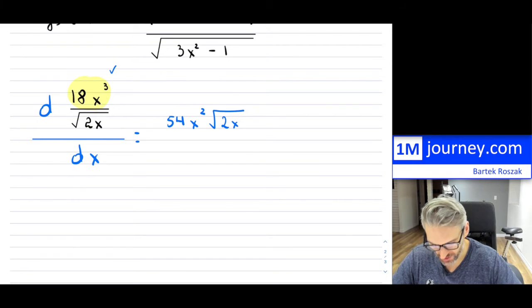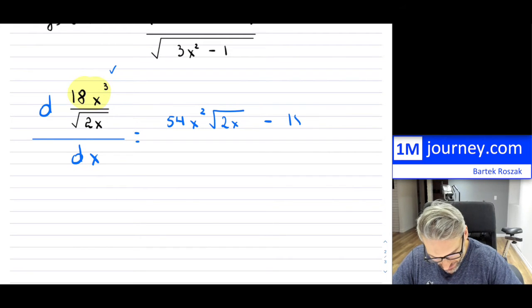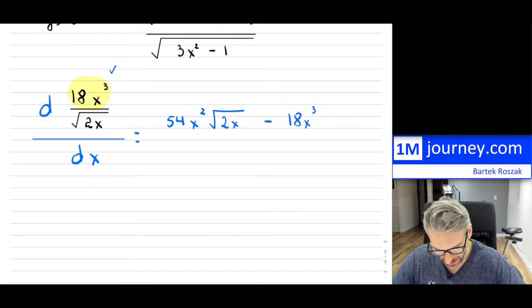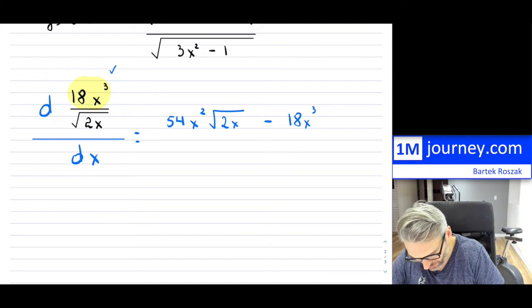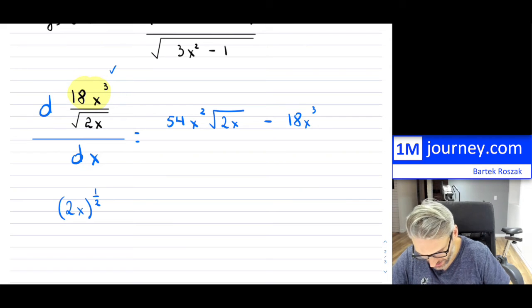So that's going to be just that. Minus. Now we're keeping our actual numerator constant, so we do nothing to it. And then we take the derivative of the denominator. Now the derivative of the denominator, I'm going to rewrite it here for us. So that's what it is right there.